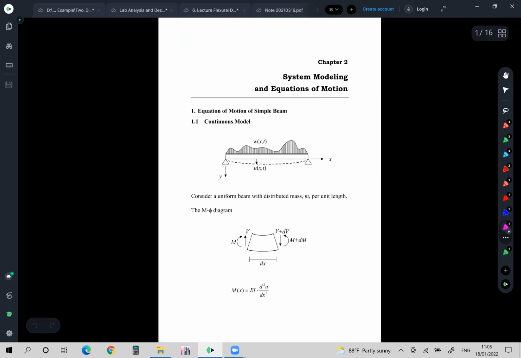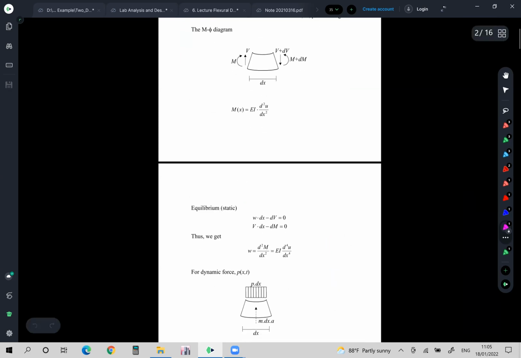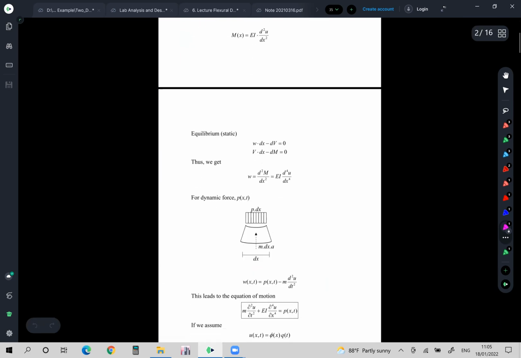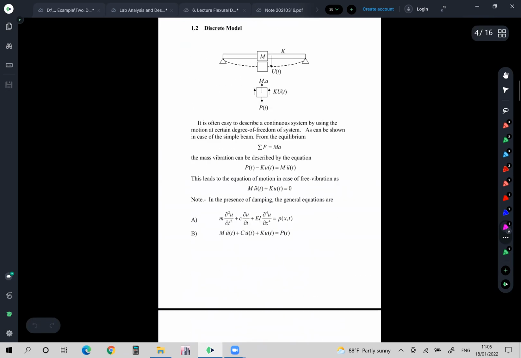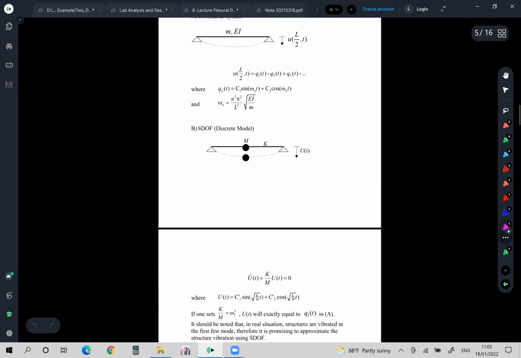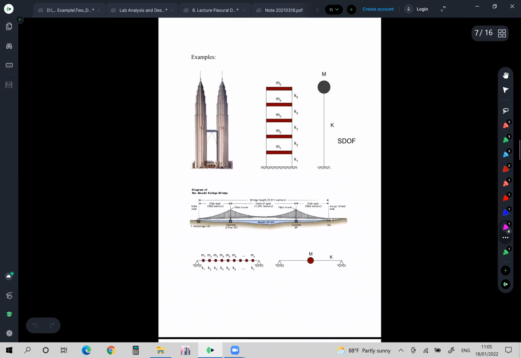Okay, let me continue on chapter 2, where the single degree of freedom system will be explained and discussed with you. I will move to the point, I believe, that I need not cover there. Okay, let's see here.